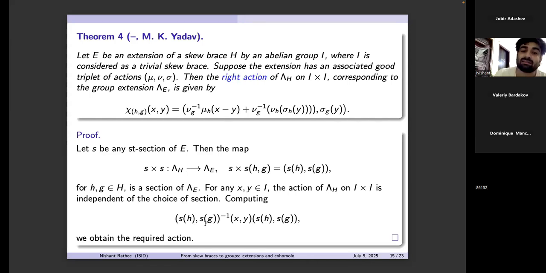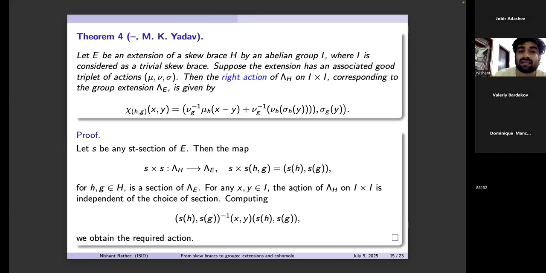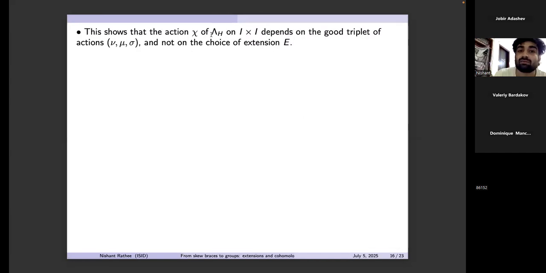So we need to compute this inverse in the lambda group, and solving this we can easily see that the action of the lambda groups will be this. This is completely determined by the action of the skew brace extension. Okay, this also shows that this action of the group lambda H on I cross I depends on the good triplet of actions mu, sigma, not on the choice of an extension E.